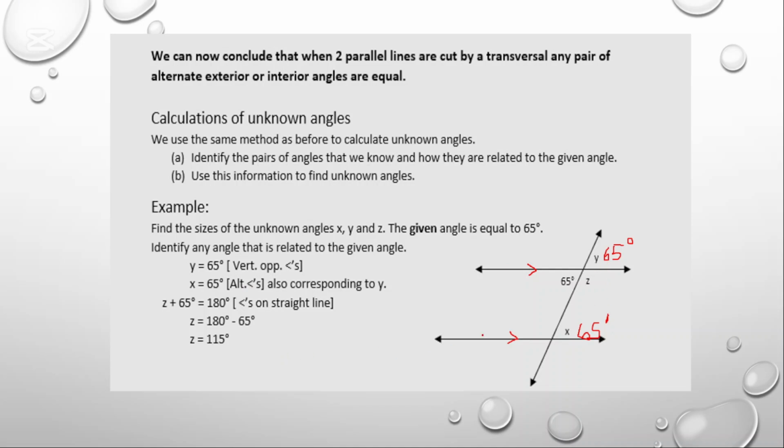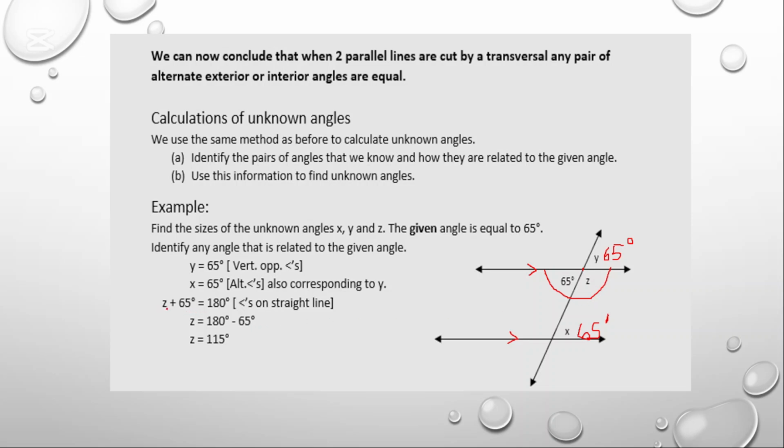Then lastly, Z here. Now, if we take the given angle and Z, they are on the same side of the line, below the line. They have a common vertex, and we know they add up to 180.